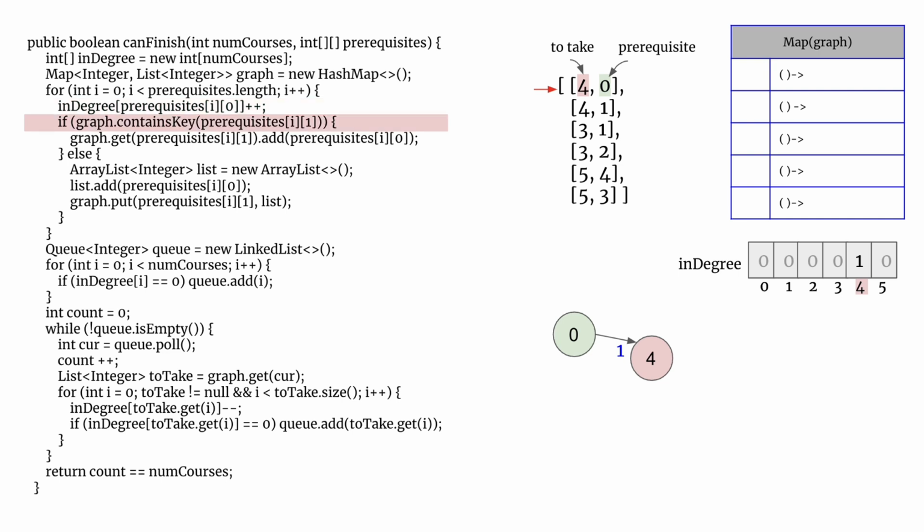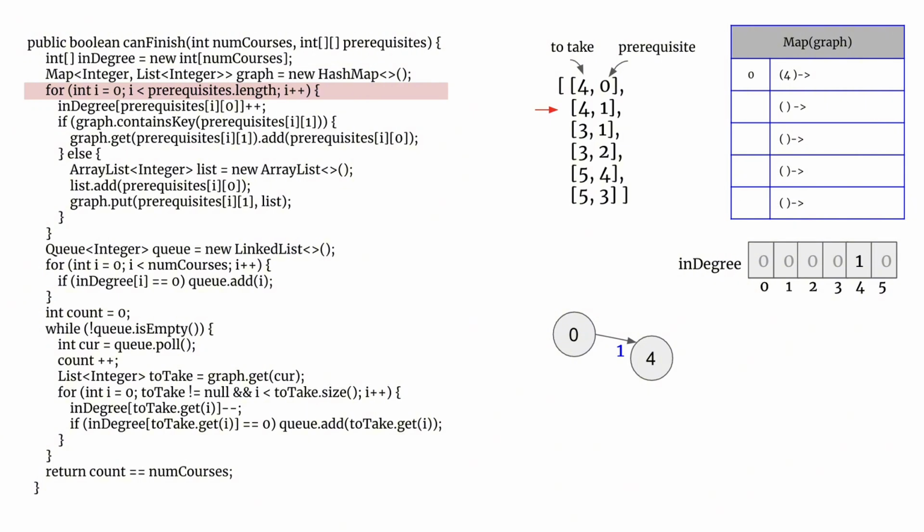We check whether the information for this vertex, course 0, is already stored in our hash table. If not, we initialize a list and store its neighboring vertices into the list. In our hash table, the left side stores the vertex data, which is 0 now.